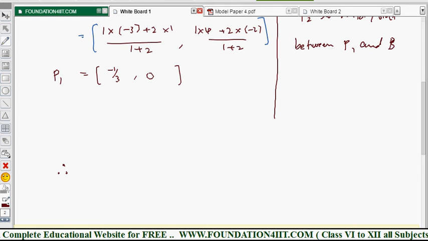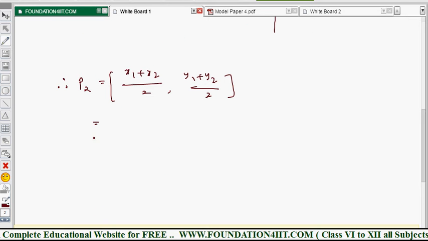Therefore P2 is given by the midpoint formula: (x1 plus x2) by 2, comma, (y1 plus y2) divided by 2. P1 is (x1, y1) and B is (x2, y2). If you apply this formula, x1 is -1 by 3 plus x2 is -3, divided by 2, and y1 is 0 and y2 is 4, divided by 2.